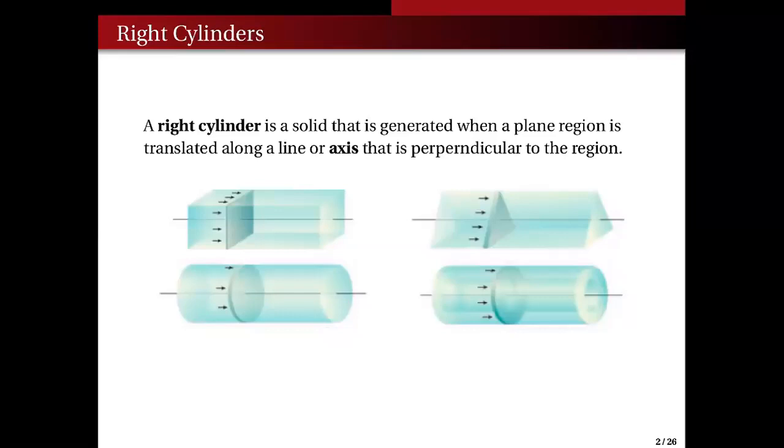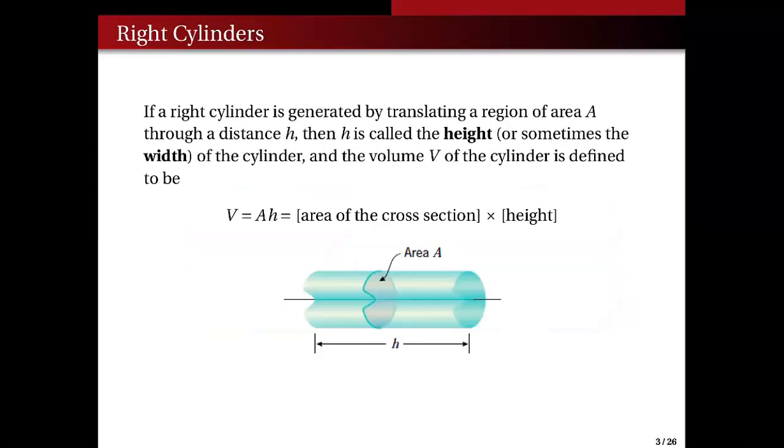Okay, so we will be able to create a tube. So we call all of them right cylinder. Okay, so our problem is how do we get the volume of these right cylinders?